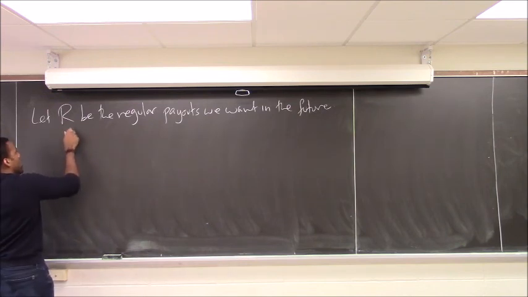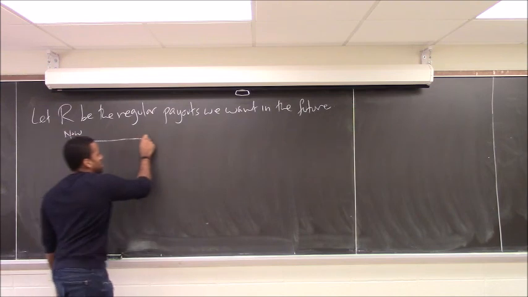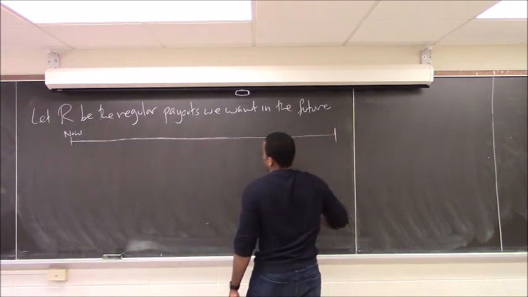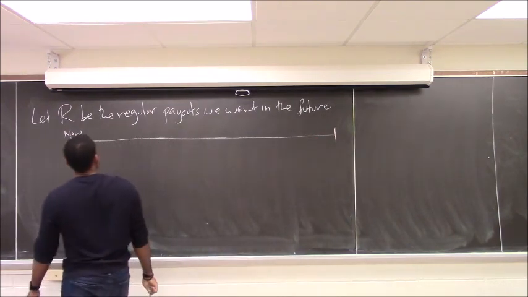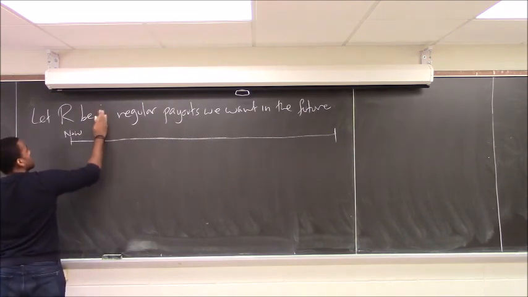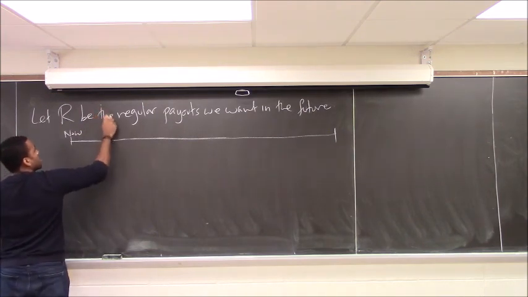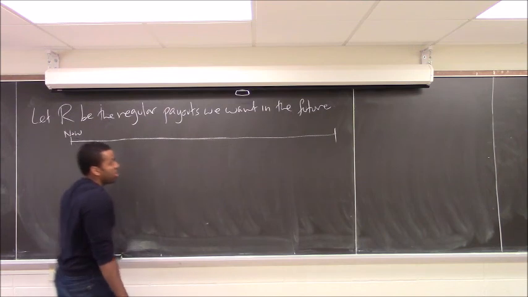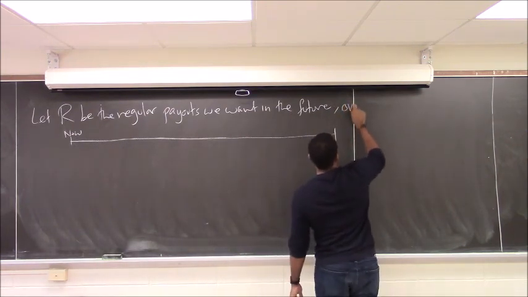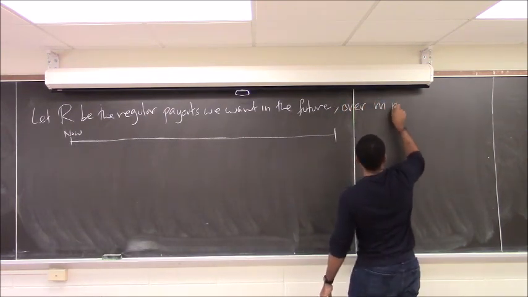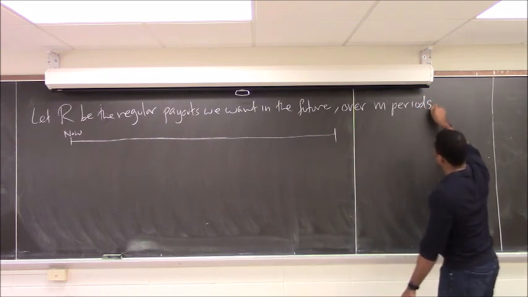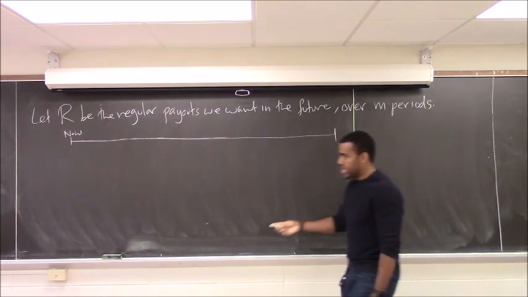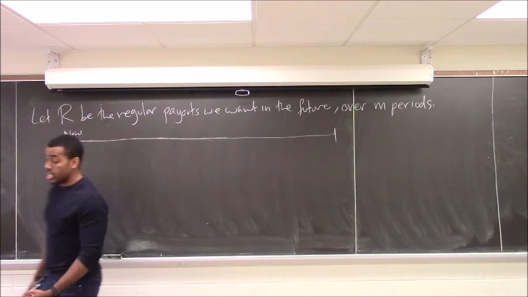So here's the now, and let's say we're using m periods. Right, so for the previous example, m would be 60 in this case. I want 60 payments of $1,000.